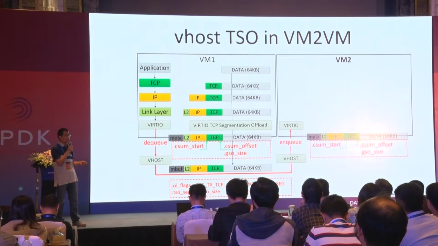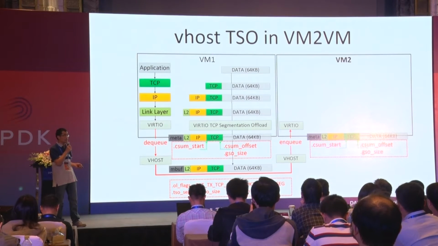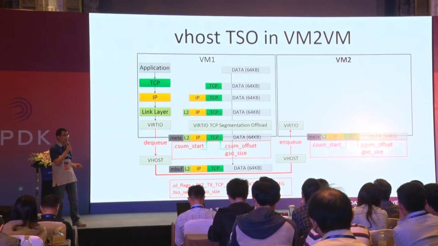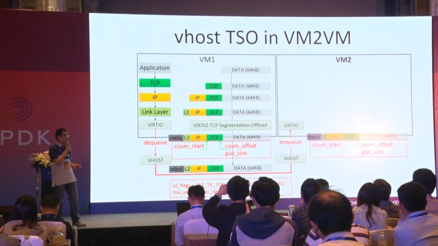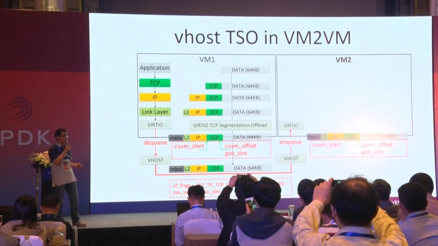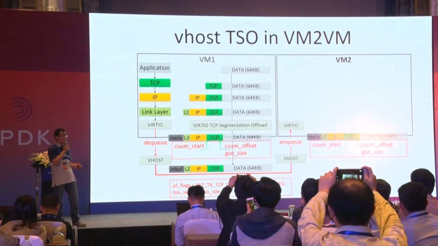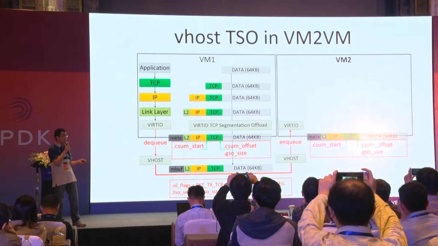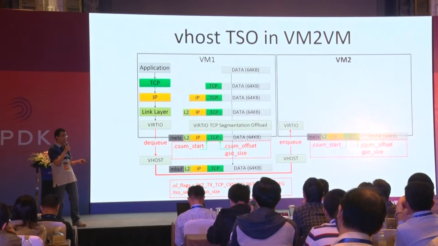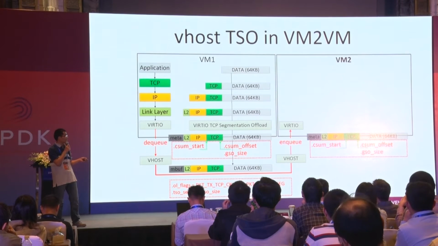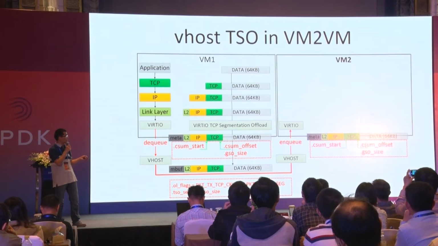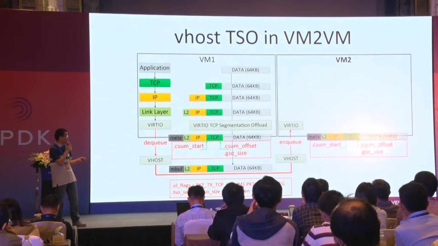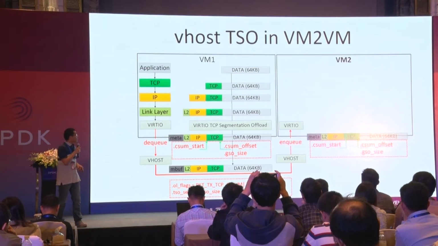After realizing that it is from another VM of the same host, it is a reliable path. There will be no corruption of the data, so it will label it as legitimate, and in the virtual queue it will say this is a legitimate packet and send it directly to the second virtual queue.